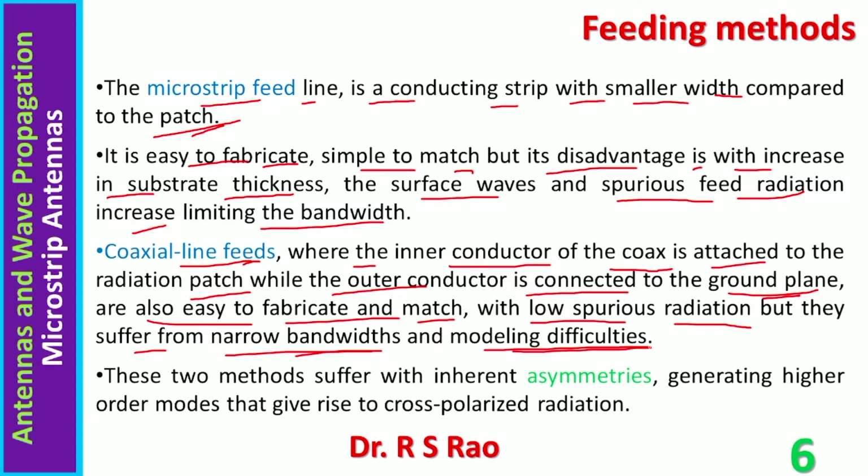So we don't know what polarization it is giving. We don't know what bandwidth it is offering. We don't know the gain given by the device. If modeling is not done, if the device is incapable of being modeled, so it is a serious matter.